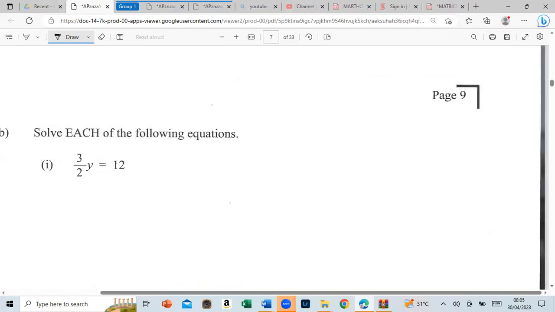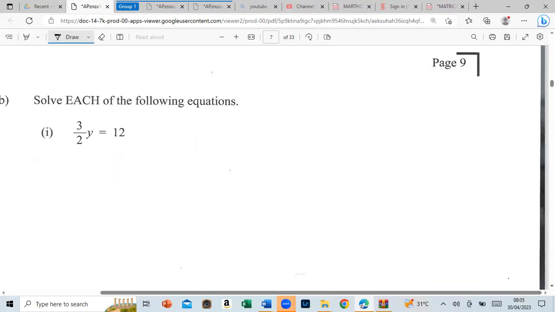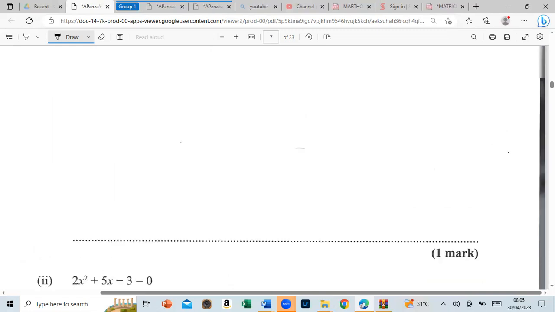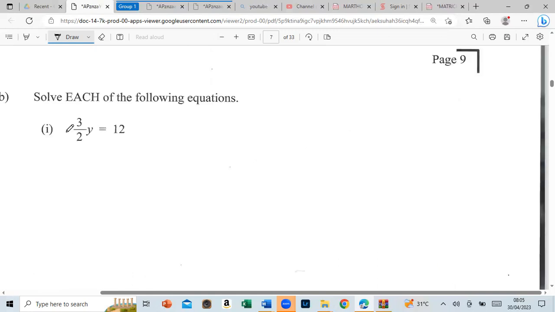All right, it says solve each of the following equations. More than one today. So we have 3 over 2 y equals 12.